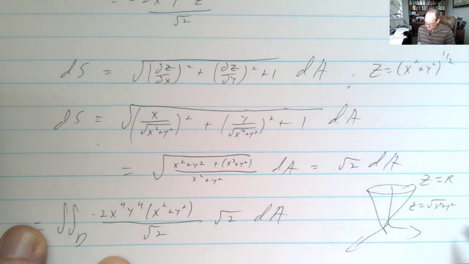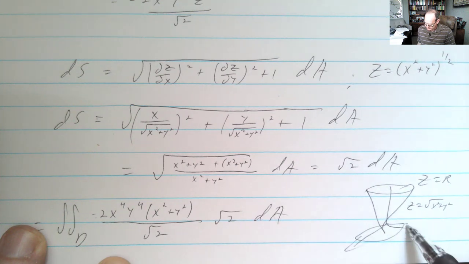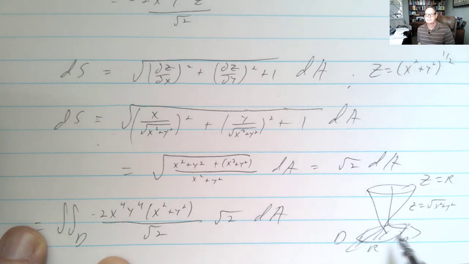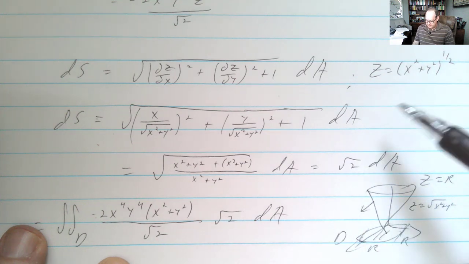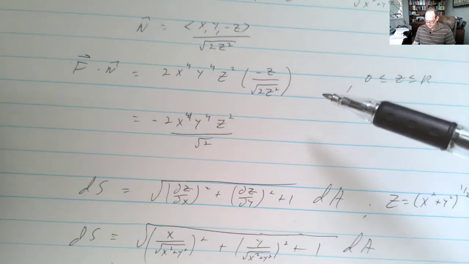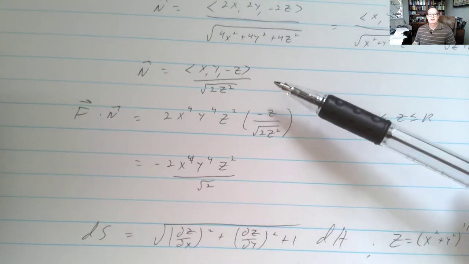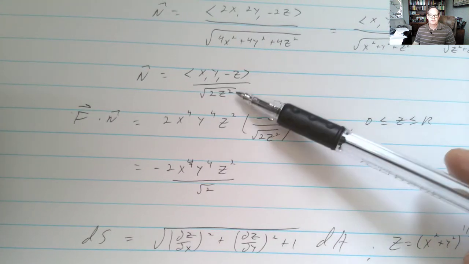So if I put these equal, D is just a disk of radius r there. So in the end, we're going to do this in polar.